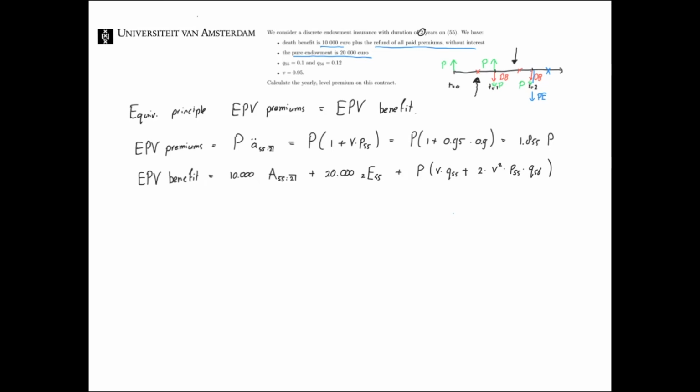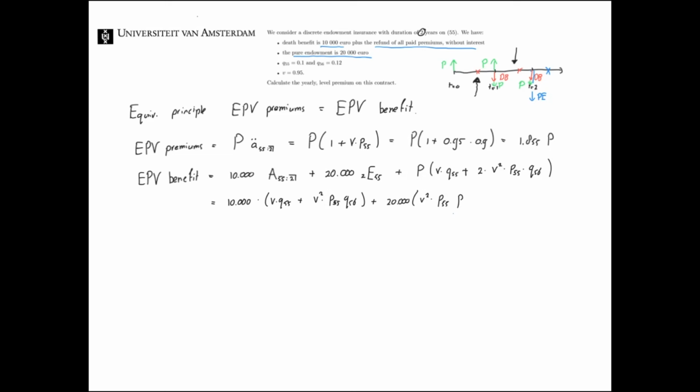Now by equating these two, let's actually write this out, and then we can equate the two equations. So this is equal to v times q55 plus v squared, and then survive for 1 year and die in the subsequent year, plus 20,000 times, so discount for 2 years, and multiply by the survive probability.